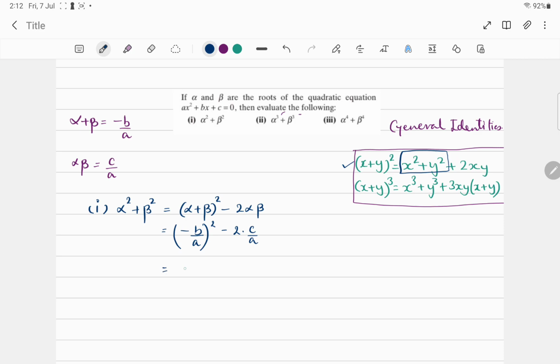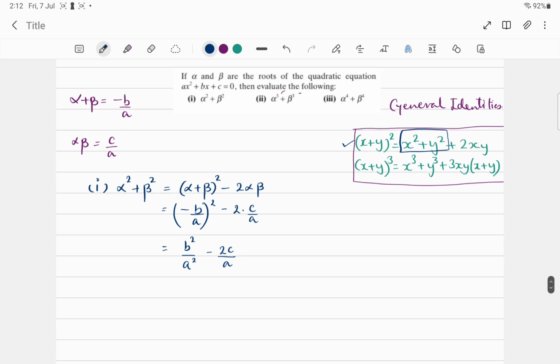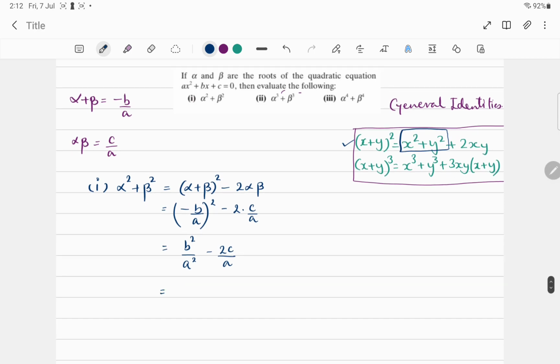That will give us b square over a square minus 2c over a. We can simplify it further if we want to, or we can leave it here. I would simplify it further just because that looks neater, right?